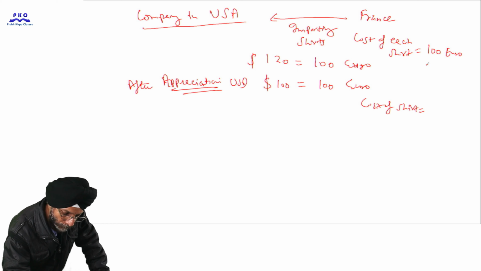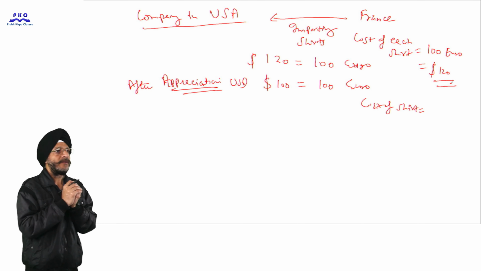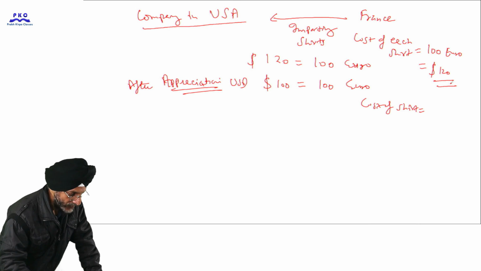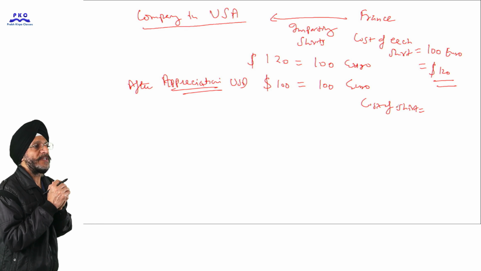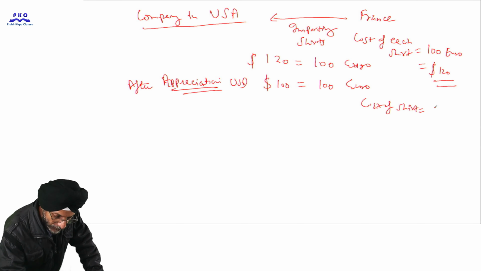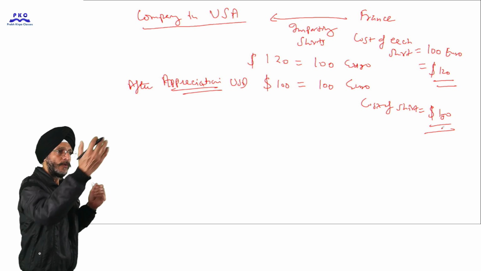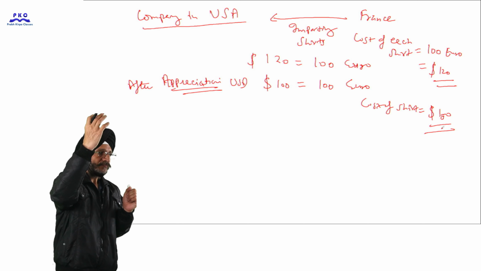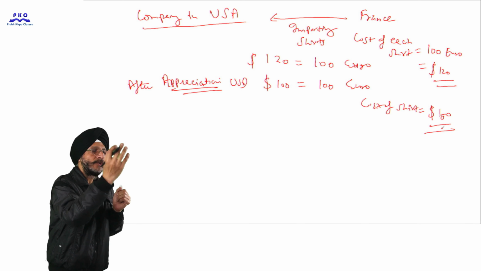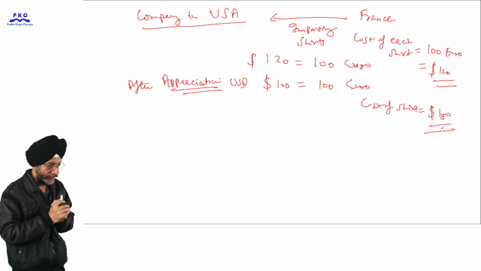Earlier you had to pay 120 US dollars when you were importing. Now when there is appreciation in the domestic currency, you have to pay only 100 US dollars. So the cost of imported goods for the buyers, that is the residents of USA, has become cheaper. Imported goods have become cheaper.